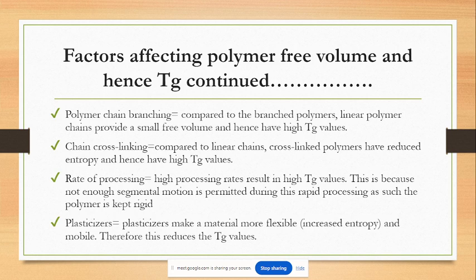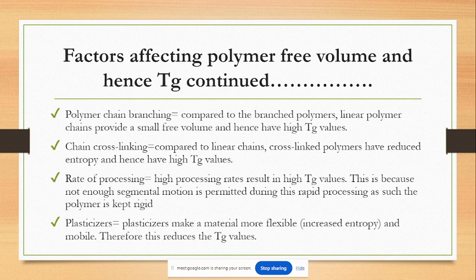High segmental motion means low Tg values, because with just a small amount of energy, the polymer begins to change state from the amorphous to the more viscous form. So the addition of plasticizers reduces the Tg values.